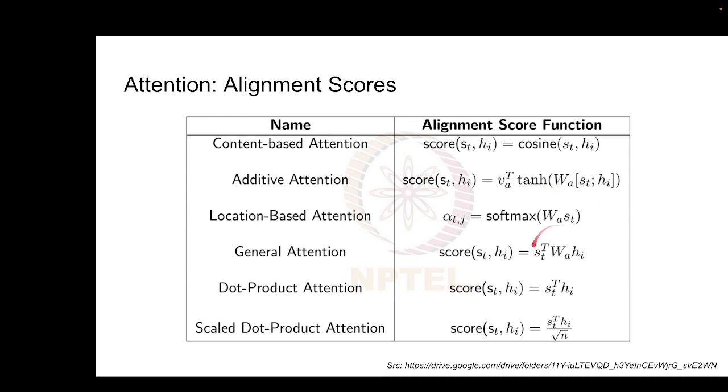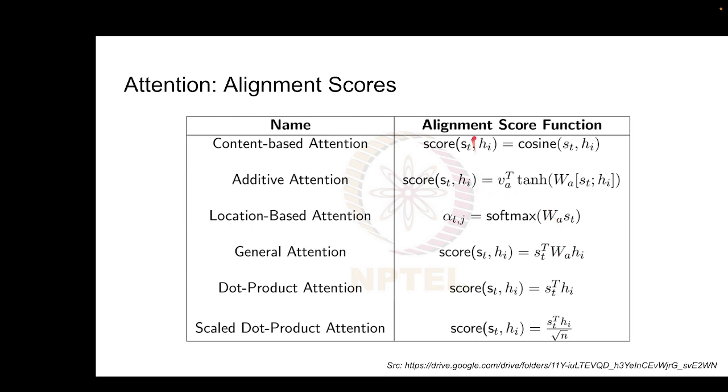So you can see that very often, even in location based attention and general attention, these formulations have been used. Here also this formulation is very similar to the next one. There is ST transpose into HI, but there is a WA in between where the WA part is learnable, right.